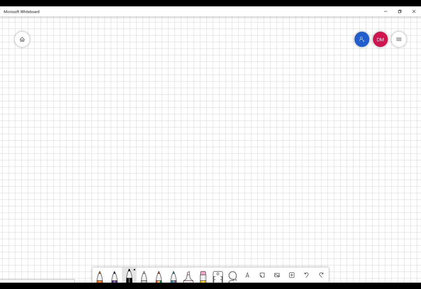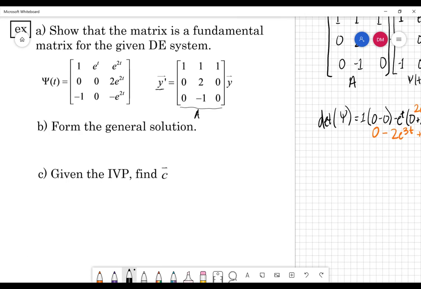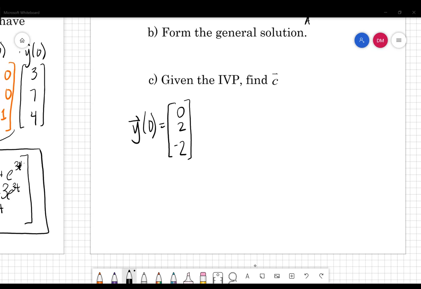So I don't know what just happened. Got a little carried away. I'm sorry. All right. So y of 0 is going to be 0 to negative 2. So go ahead and pause again, form the general solution, and then use that initial value problem to determine what your particular solution will be.